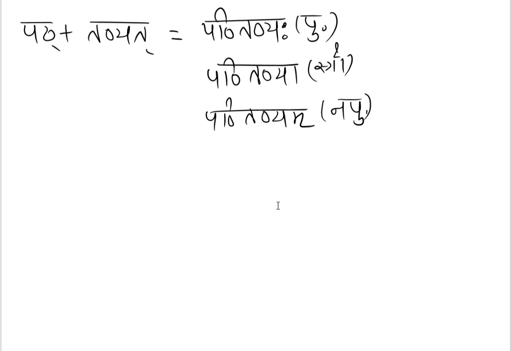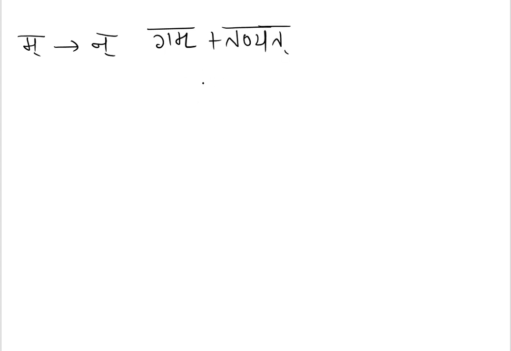Here we need to understand one more thing. What if the dhatu is ending with some swara or vowel? Before this, if the dhatu is ending with ma, that will change into na. Example, gam plus tavyat: ma changes into na letter.